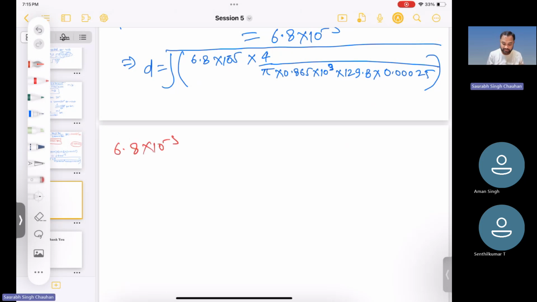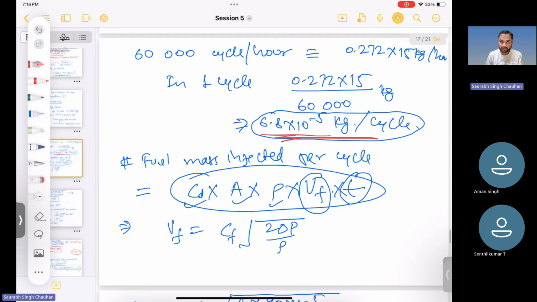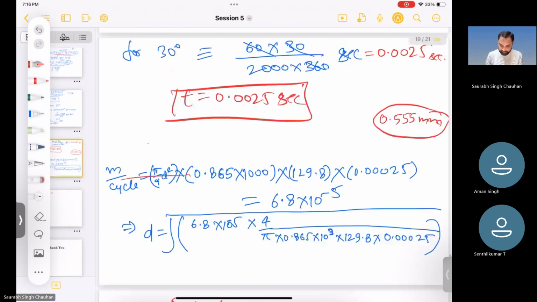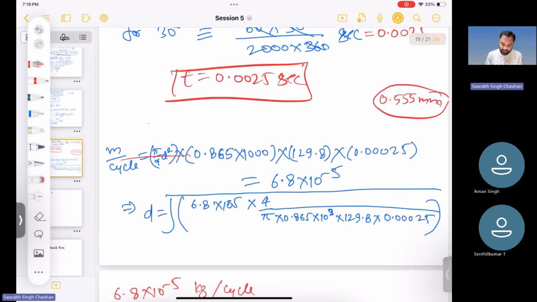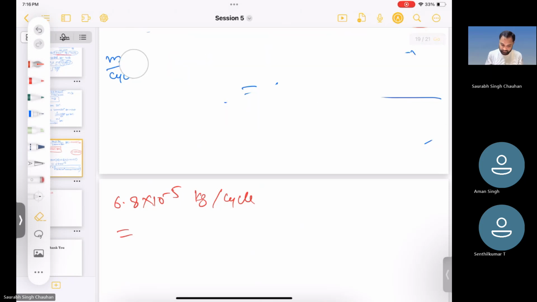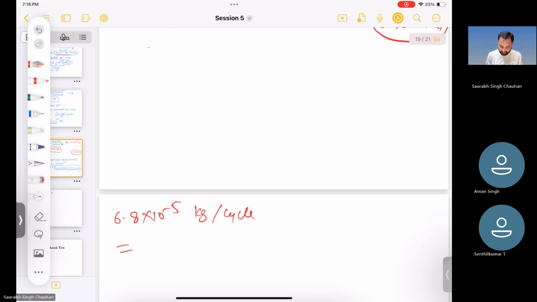This is kilogram per cycle, and that should be equal to area times density times velocity into time, right?